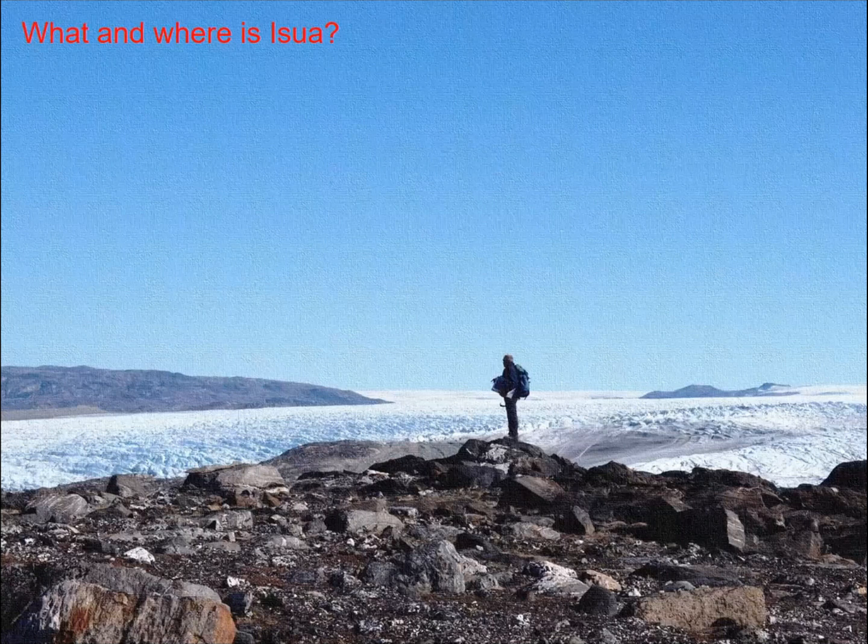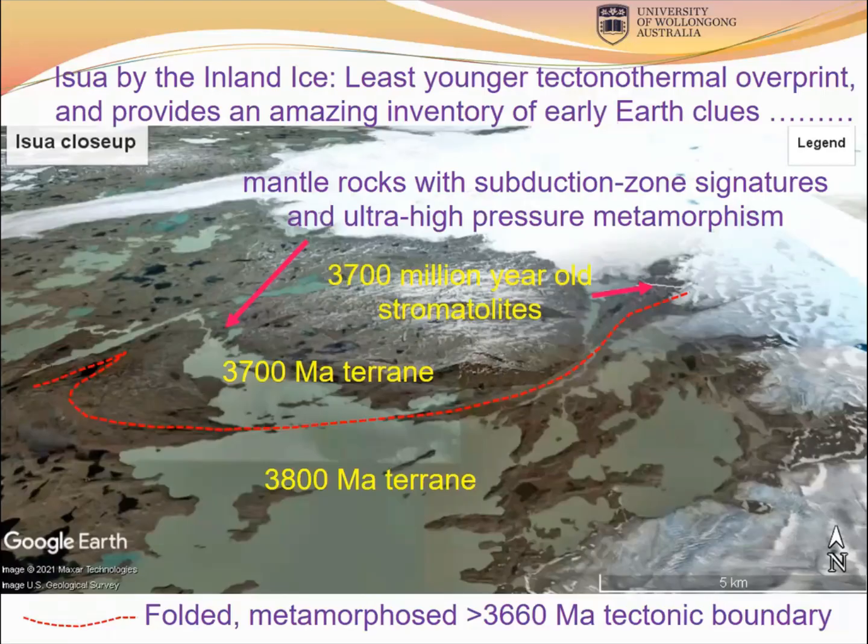Okay, so Eoarchean. So what is it? What can it actually tell us about the early Earth? So Eoarchean by the inland ice has got the least younger tectonothermal overprint, so the least young metamorphism and deformation over the top of it, and it provides an amazing inventory of early Earth clues.